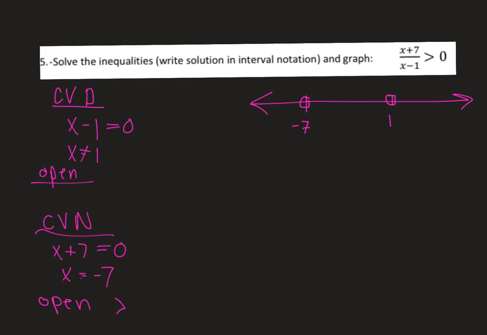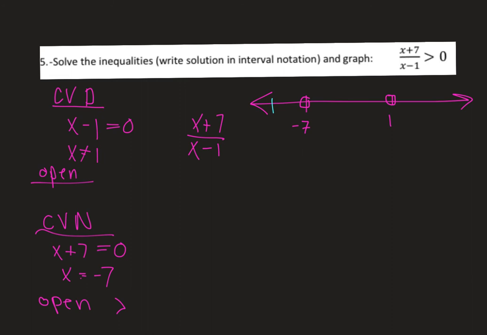Okay, after we find our critical values, we are now going to test the intervals. So I have my expression, x plus 7 over x minus 1. And I want to see if that expression is positive or negative for each interval. So I'm going to start to the left of -7 as my first interval.